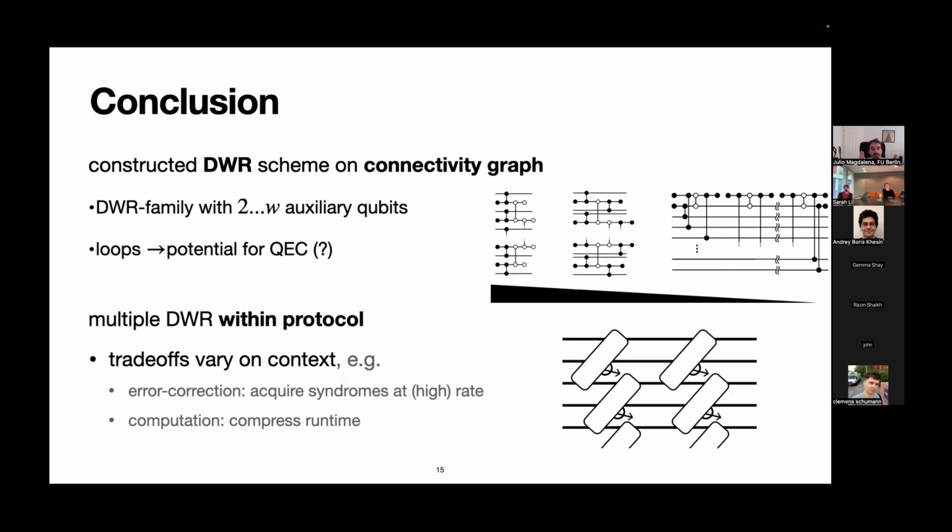So instead of unitarily applying the rotation, you can prepare an extra resource state, like an auxiliary state, in a state where this rotation was applied, and then you can use this high weight measurement to inject this gate instead of doing it unitarily.